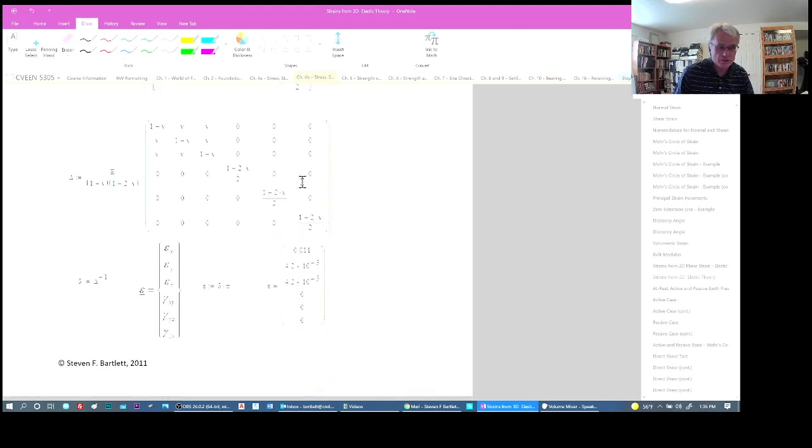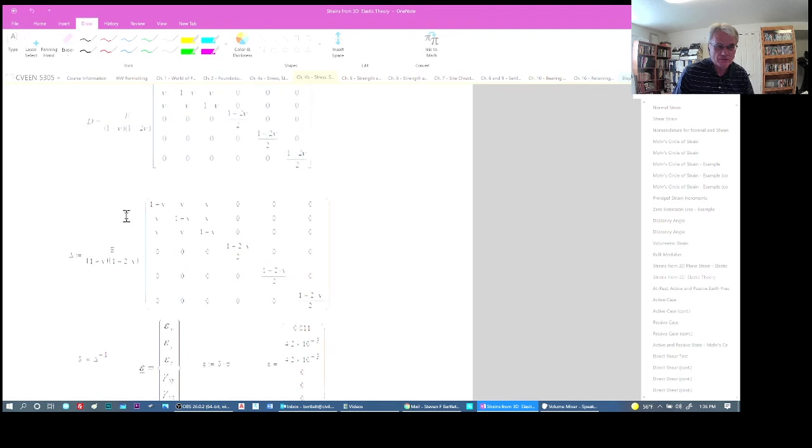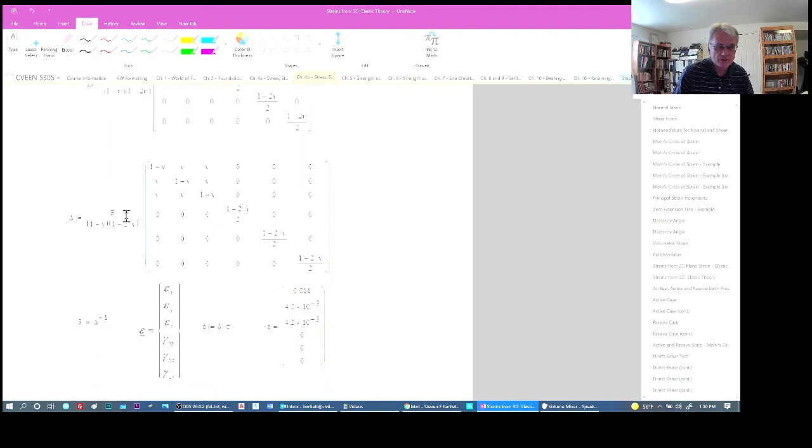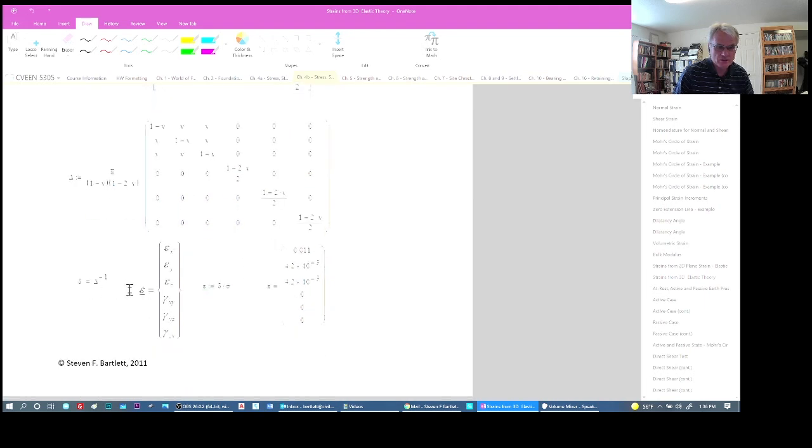The D matrix then for three dimensions becomes this. And then solving this for matrix D, or the delta, becomes this. And then the strains, this, which is just the delta times the sigma.